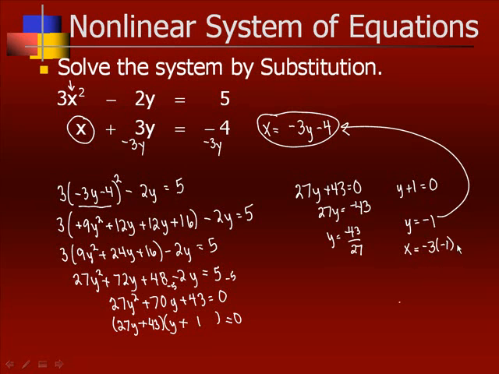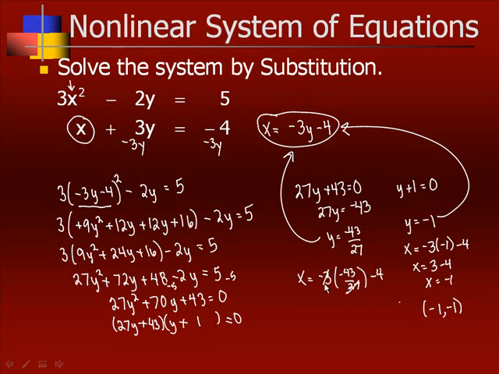So that's negative 3 times negative 1 minus 4, which is 3 minus 4. So the first ordered pair is x is negative 1, y is negative 1. The second ordered pair, well, we know the y value, so we plug it in, we get negative 3 times negative 43 over 27 minus 4.